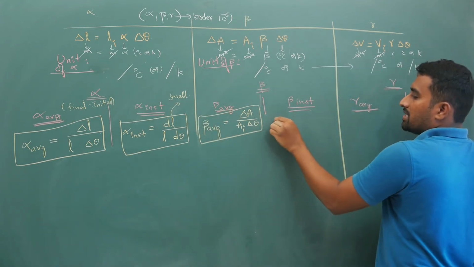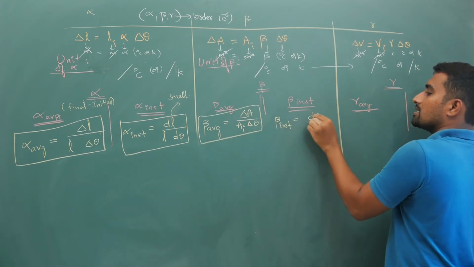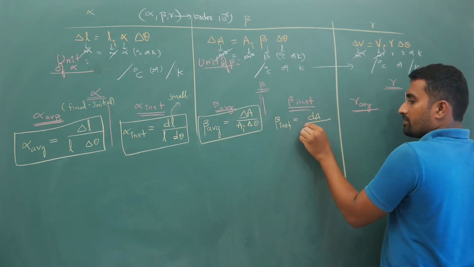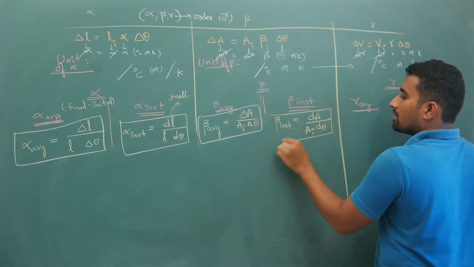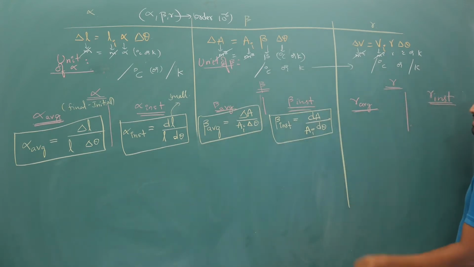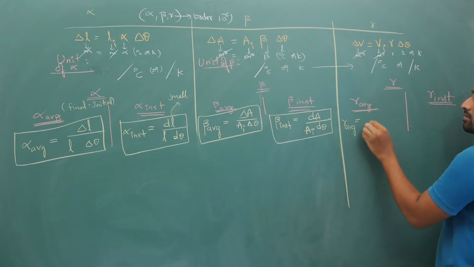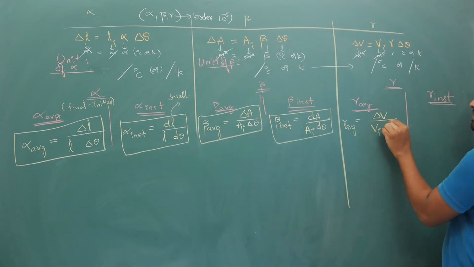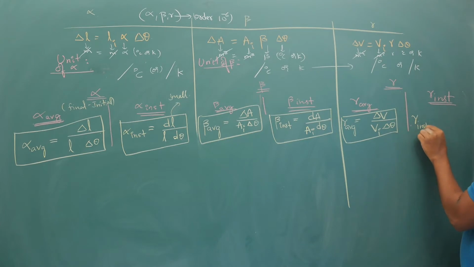Beta instantaneous is dA by A initial times d theta. Next, gamma average is change in volume by initial volume times delta theta, and gamma instantaneous is dV by V initial times d theta.